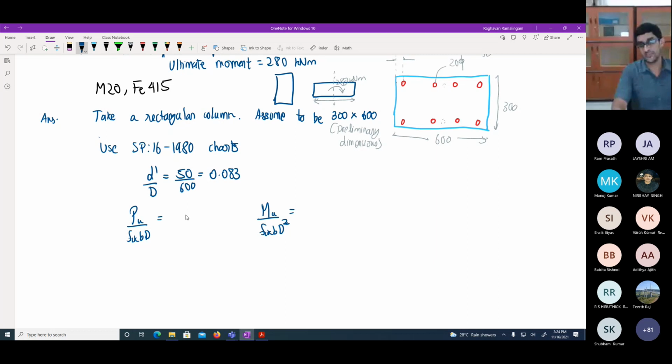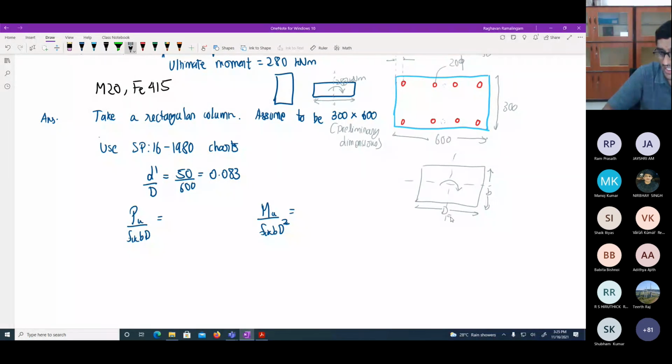So you need to know the meaning of B and D. If I have this as the rectangle, and my moment is acting along this axis, then this should be taken as D, and this should be taken as B. So usually we give the higher dimension along the moment.